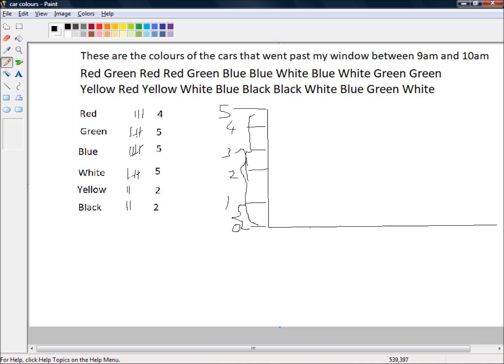Same with the x-axis. What I'm going to want to do is figure out how many categories I've got. So that's 1, 2, 3, 4, 5, 6. Then try to figure out how much space I'm going to need per category.